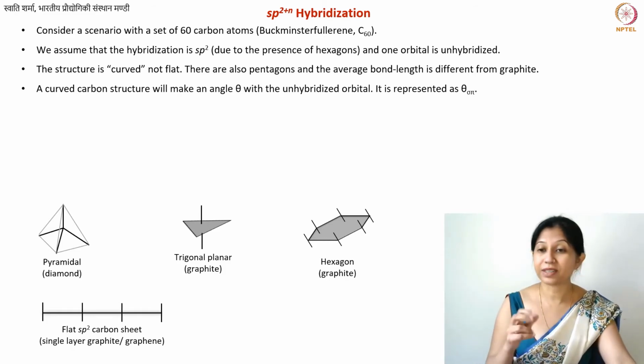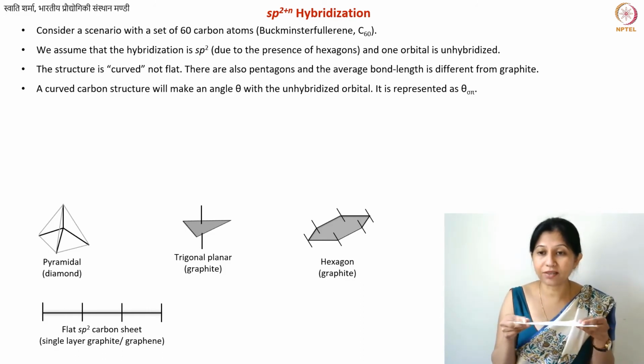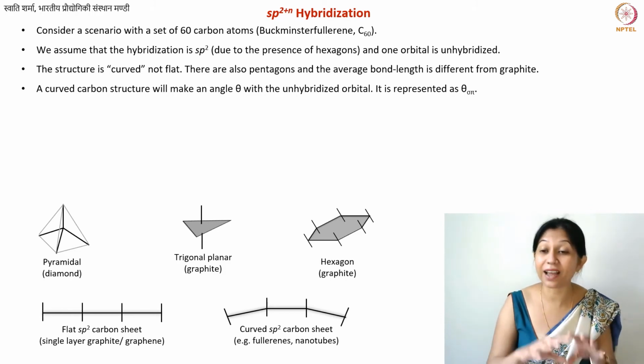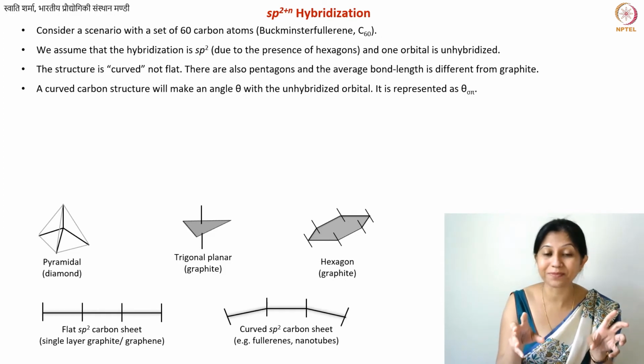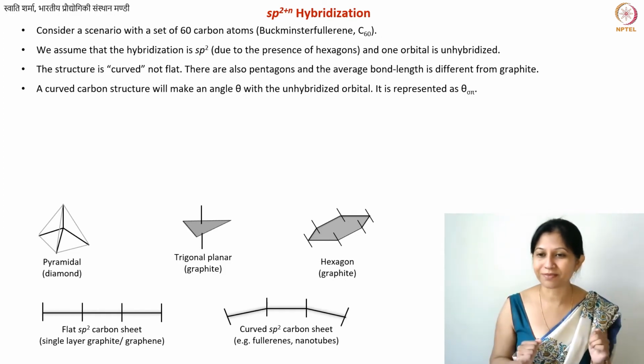In the case of this hexagon in graphite, you will have a flat hexagon, but in the case of a curved carbon structure, it will not be flat. There will be some angle. Okay. And in this illustration, I will show you where this angle belongs. Okay, you see that you have some sort of curvature.